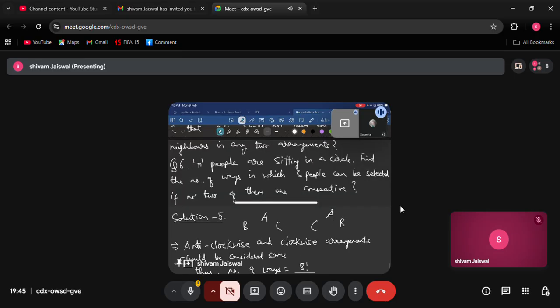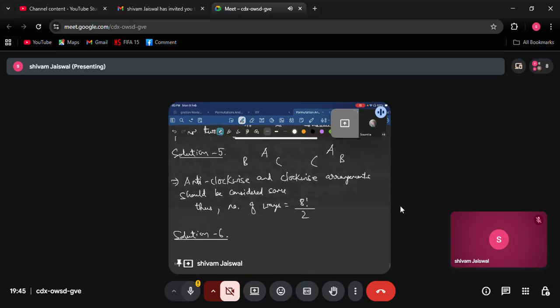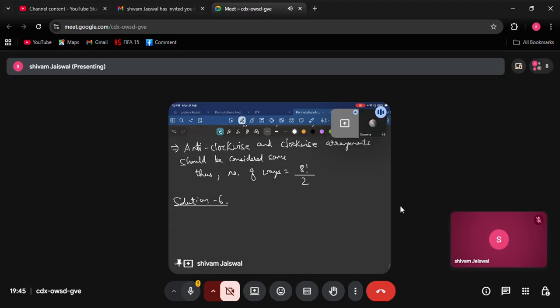So first of all, you have to remove those 3 people. What is the number of gaps in a linear arrangement after removing 3 people? Tell me, everyone.